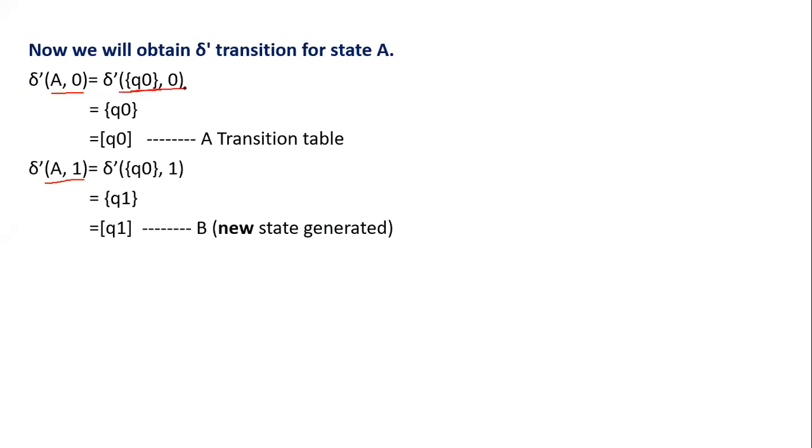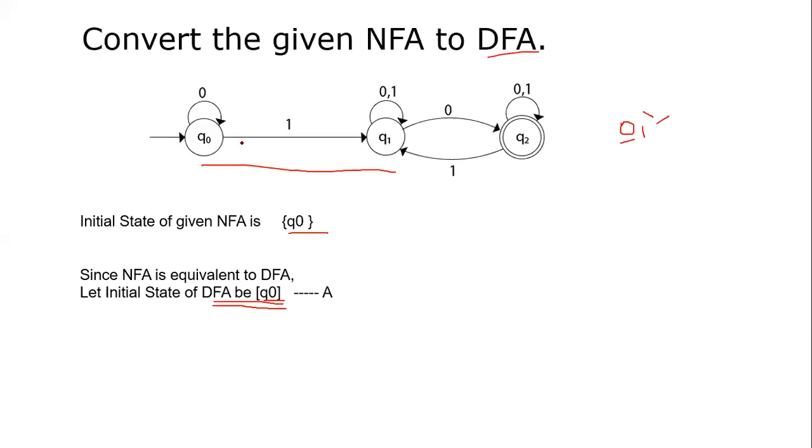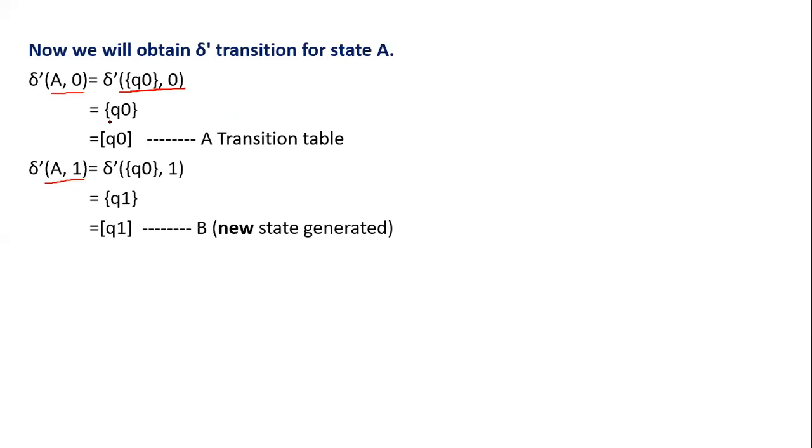We have to find this answer from the given diagram or table. Q0 comma 0, where is it going? It is going inside a self loop only, right? So I have to mention Q0. Q0 reads the input symbol and moves to the same Q0 itself. So no problem.